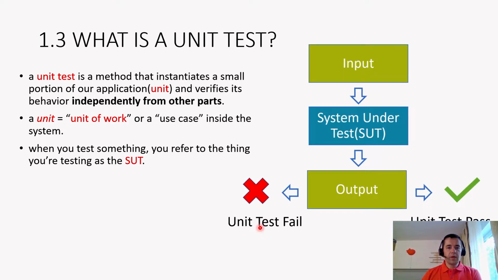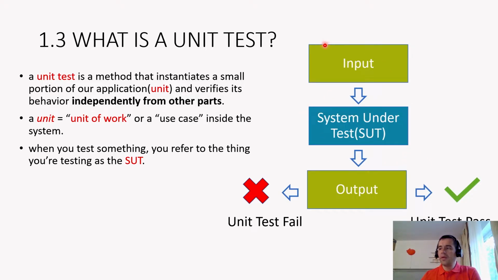Good. Now we'll see what basically a unit test is. A unit test is a method that instantiates a small portion of our application and verifies its behavior independently from other parts. The unit can be seen as a unit of work or a use case inside a system. When you test something, you refer to the thing you're testing as the system under test.